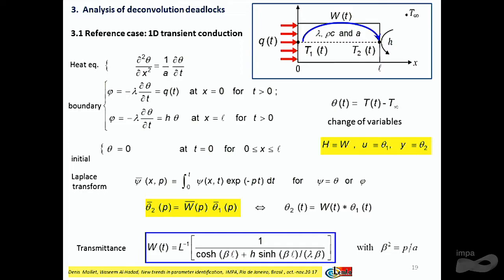You excite by the front face using a heat flux, and we have heat losses with coefficient h with the environment here. At initial time, we have equilibrium, theta equal to 0, because we make a change of variable. And we are interested in the transmittance between front and rear face. So here you have W as the transfer function, theta 1 the front face and theta 2 the rear face.